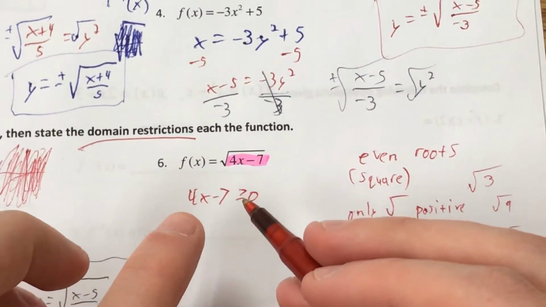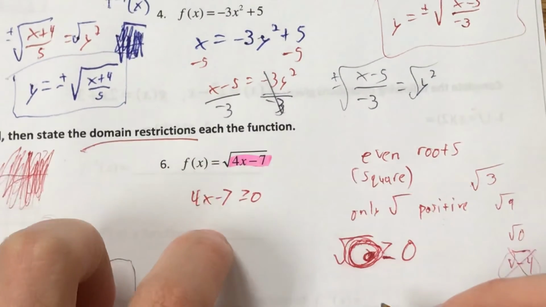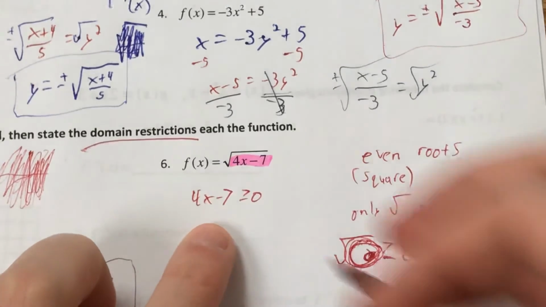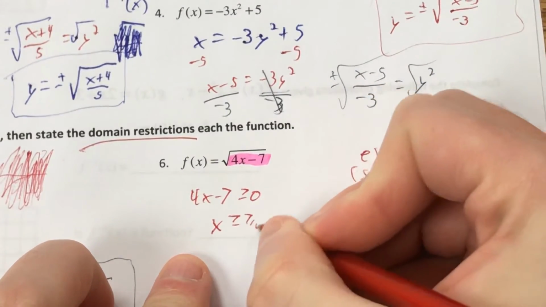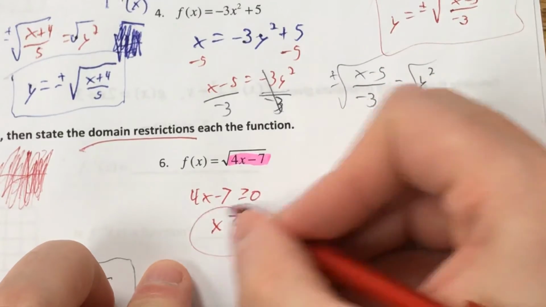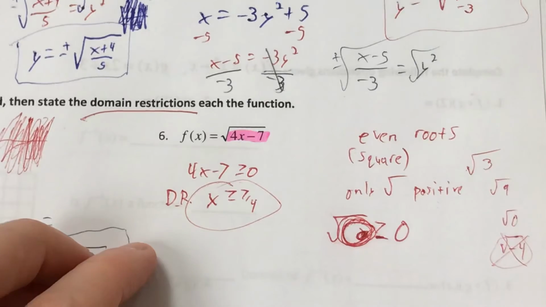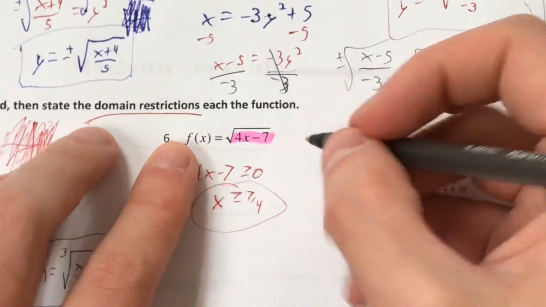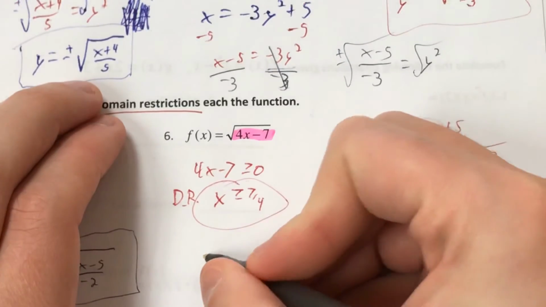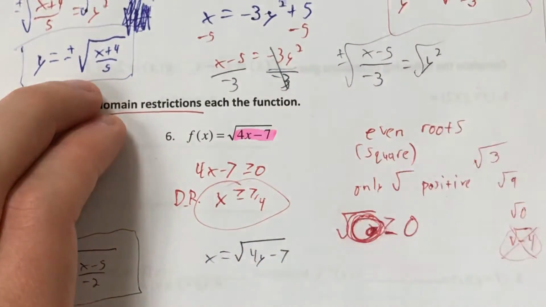Whew. I just said a lot of stuff. Okay. Solving this, add 7, divide by 4, and you get x is greater than or equal to 7/4. That is the domain restriction. Otherwise, you switch the roles of the variables and you get x equals the square root of 4y minus 7.